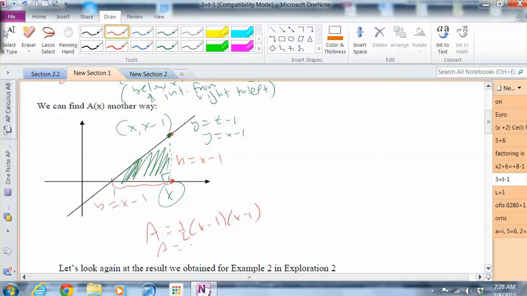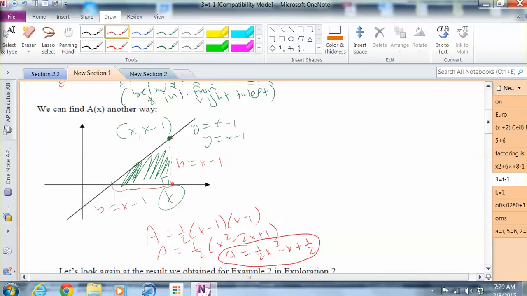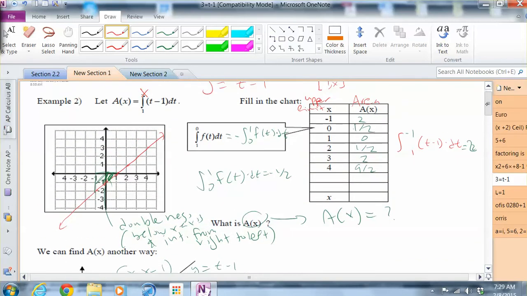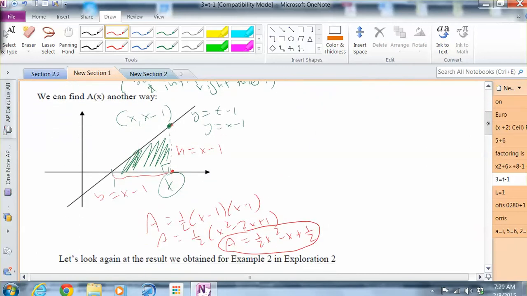Or if you were to go a bit further, 1 half parentheses x squared minus 2x plus 1. So we did this earlier on Sunday morning. 1 half x squared minus x plus half. So I could get my area geometrically, right? My inspection was a little bit harder to tell from the table, but geometrically that wasn't so bad.